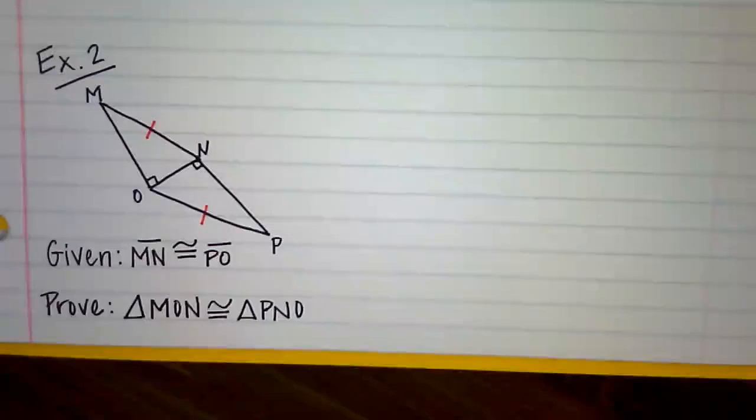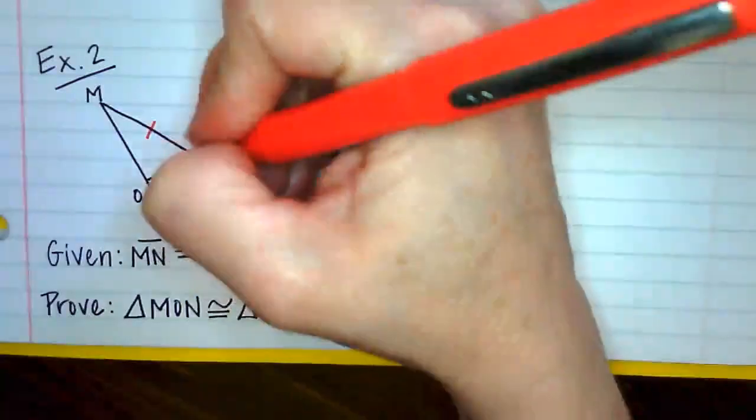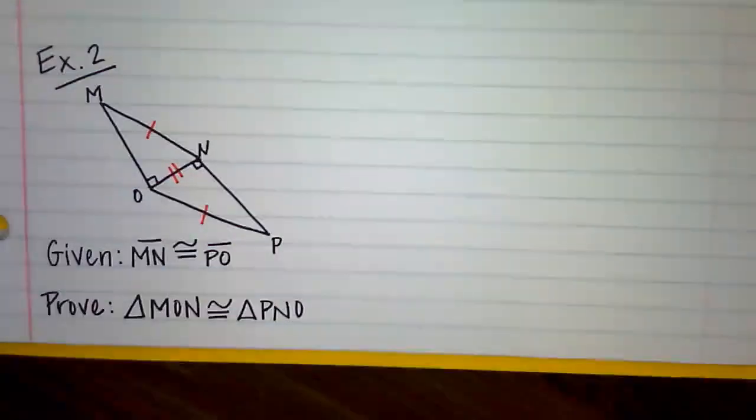I can also tell by looking at the sketch that these are right triangles, which tells me that if I can prove that the hypotenuse and leg are congruent, then that would be the 3 things. It's a right triangle, and then we have a hypotenuse and a leg. We can see right here that ON and NO are in both pieces of the triangle, so that's going to be the reflexive property.